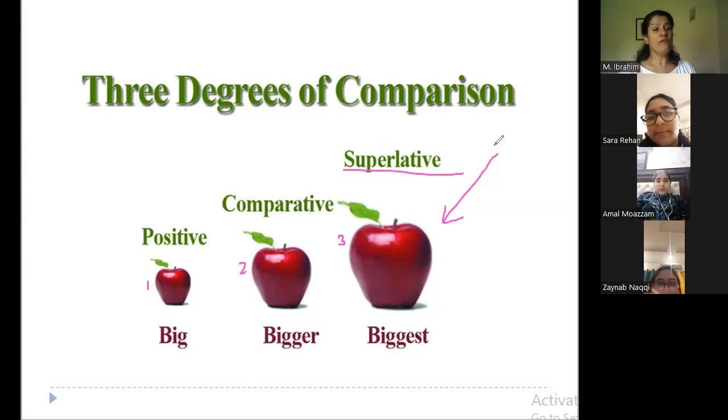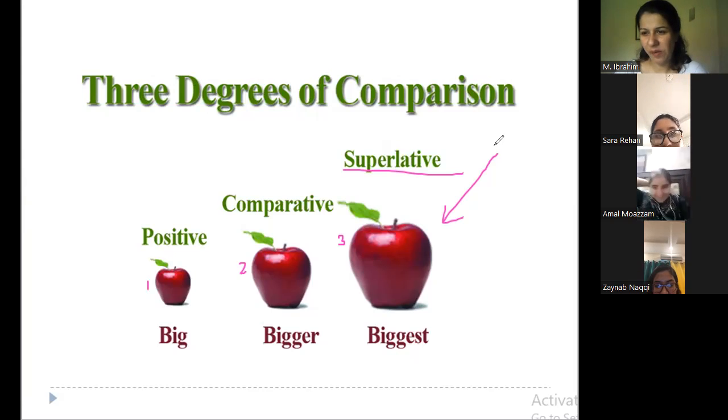Okay, ma'am. Okay. For example, right now I have the three of you, including myself. If I talk about the hair length of the three of you, I'll say Sarah has the shortest hair, and I will say Amal has the longest, I presume.